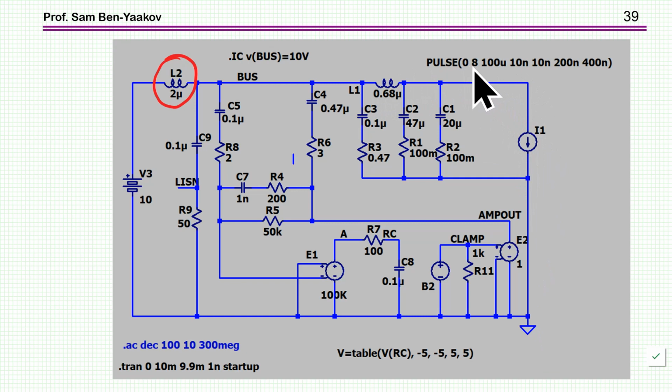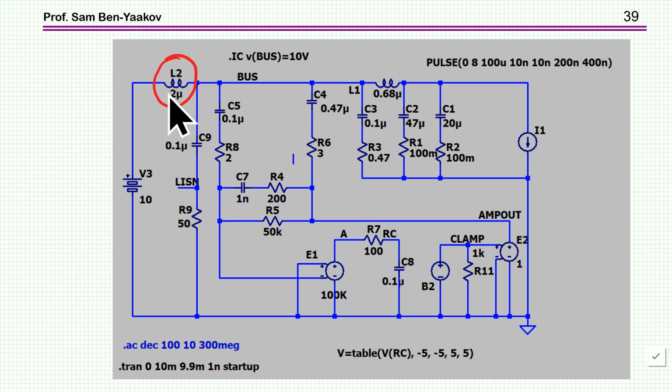These are pulses of 8 amps and a duty cycle of 0.5. The switching frequency is a little bit high, 2.5 megahertz rather than 2.1. And all the rest of the circuit is exactly as suggested by Texas Instruments. I've also added the LISN here. This is the inductor, this is the bypass capacitor, and this is the 50 ohm.